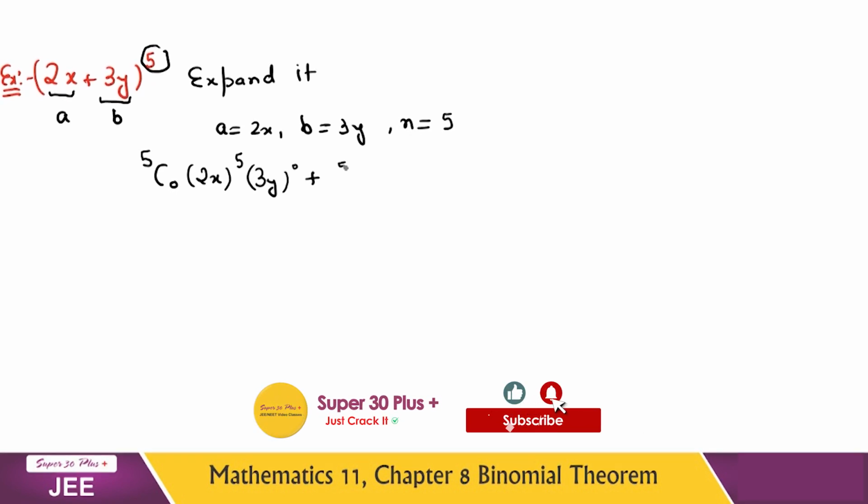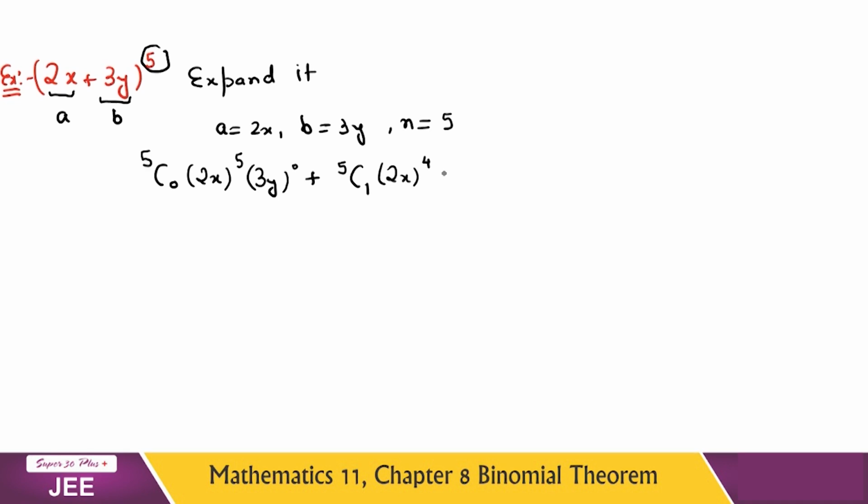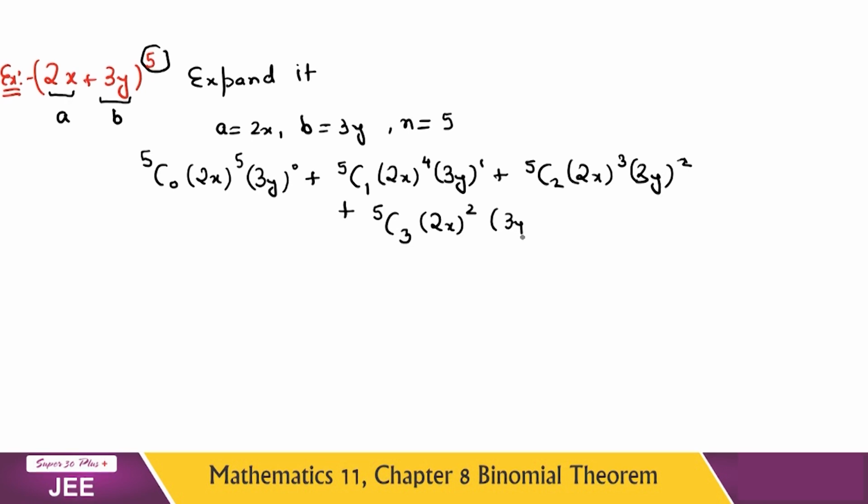The second term is NC1 a raised to the power n minus 1, that is 4, and b raised to the power 1. The third term is NC2 a raised to the power 3 and b raised to the power 2. The fourth term is NC3 a raised to the power n minus 3, that is 2, and b raised to the power 3.